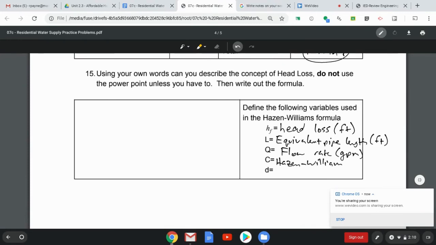That's from a table. And then D is pipe diameter measured in inches. All right.